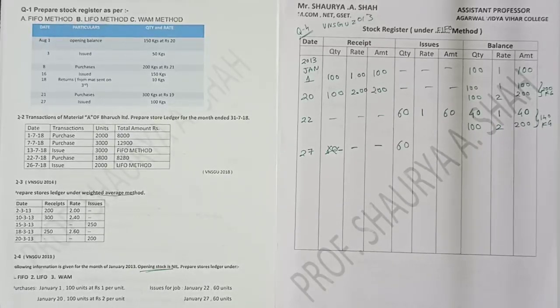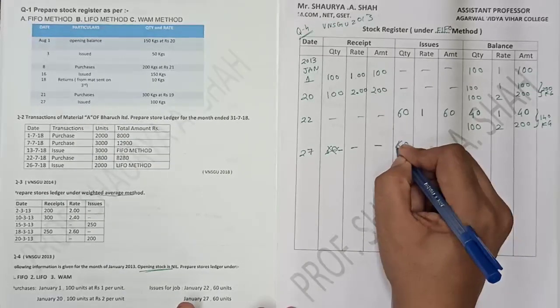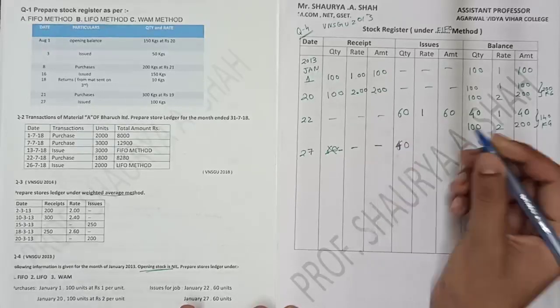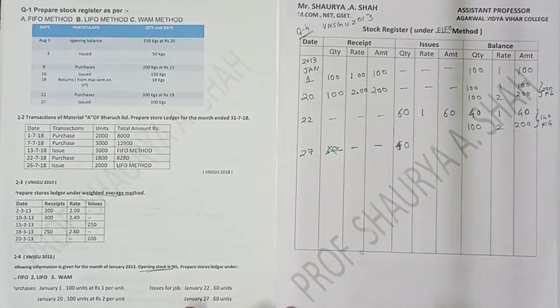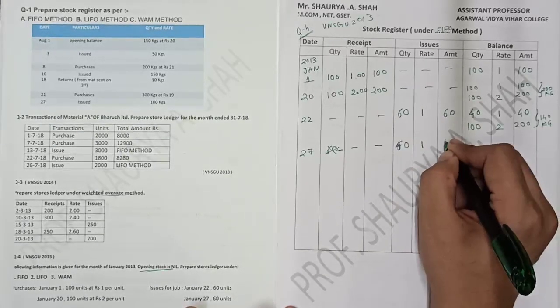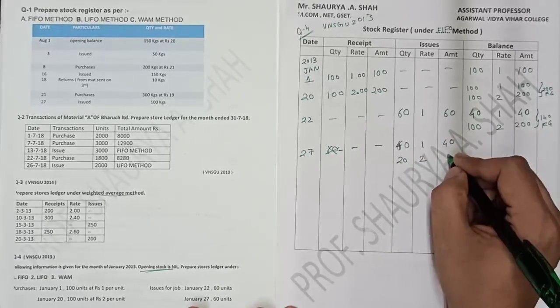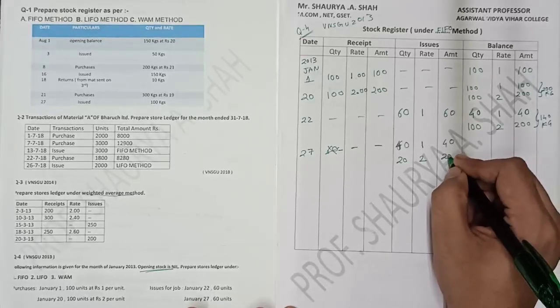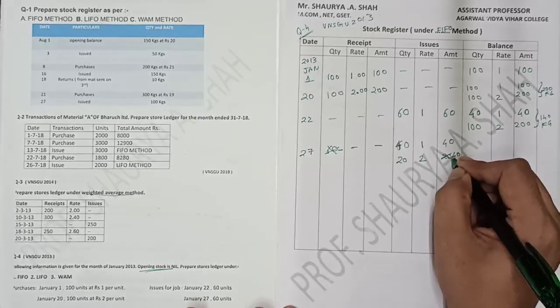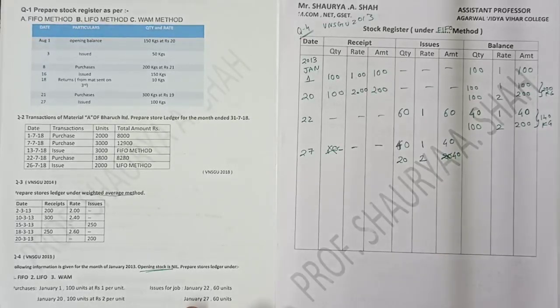So first you give 40 out of the older one, that is 40 units at the rate of 1, which is 40, and the remaining 20 from the rate of 2, so that will be 40.